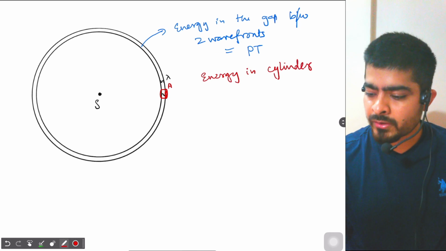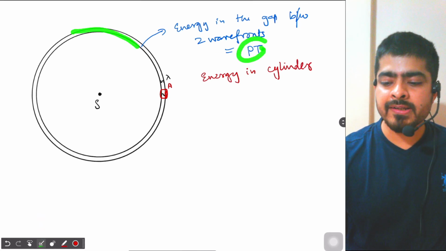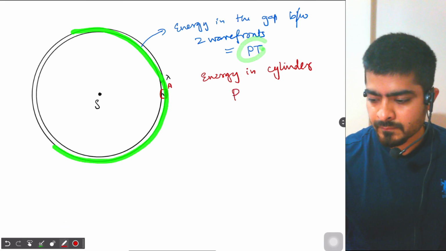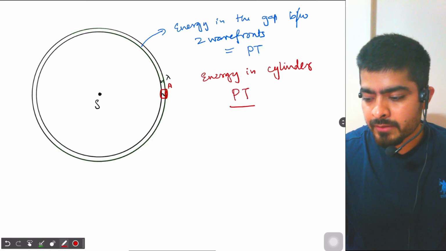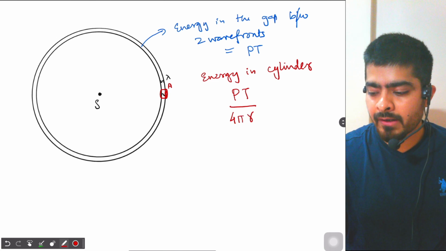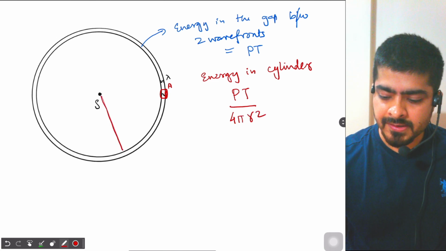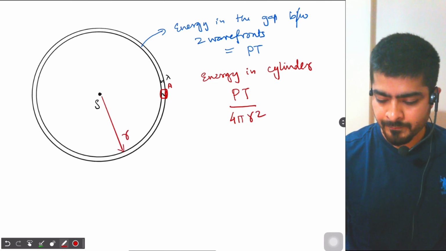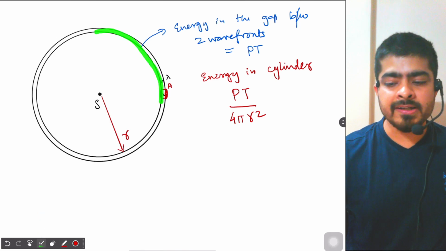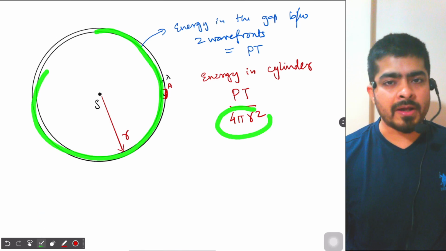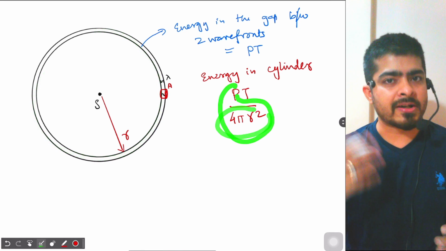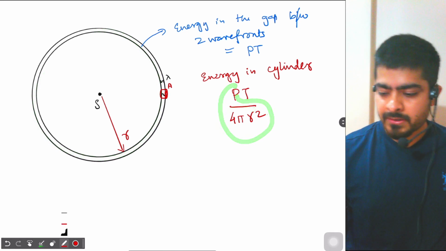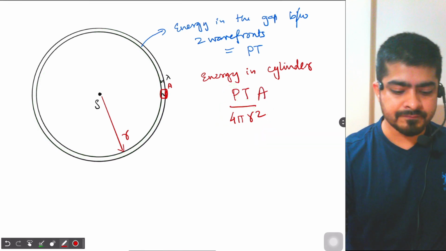That will be equal to total energy in the entire shell PT divided by total area 4 pi r square. This radius is equal to r. Okay, total energy in the spherical shell divided by total area 4 pi r square. So basically P by 4 pi r square is intensity. Okay, and I multiply that with this area A.